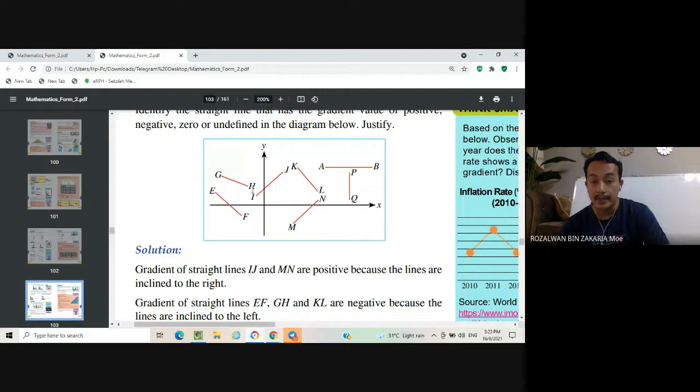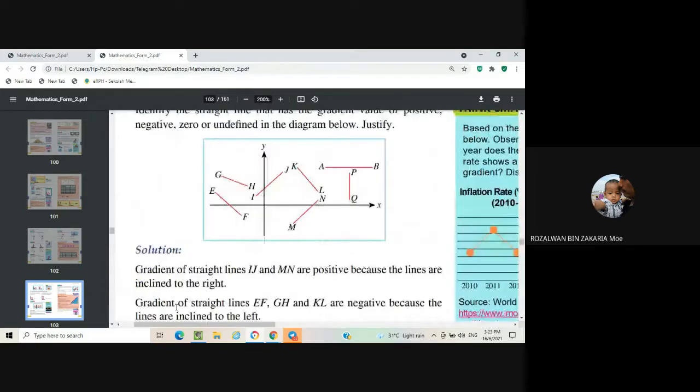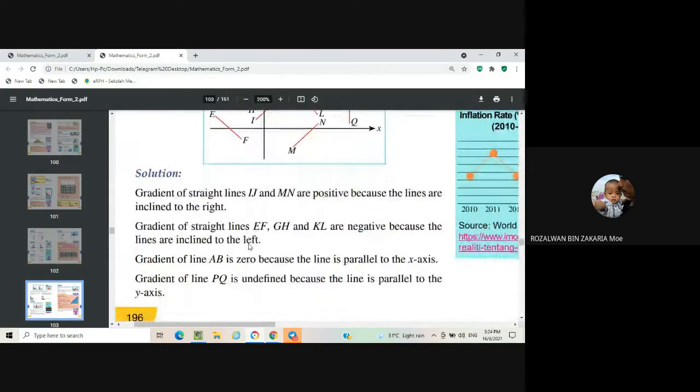And for the straight lines GH, EF, and KL, the value of the gradient is negative because the lines are inclined to the left, just like we go down the stairs or go down from the mountain or hill. So the value of the gradient will be negative.